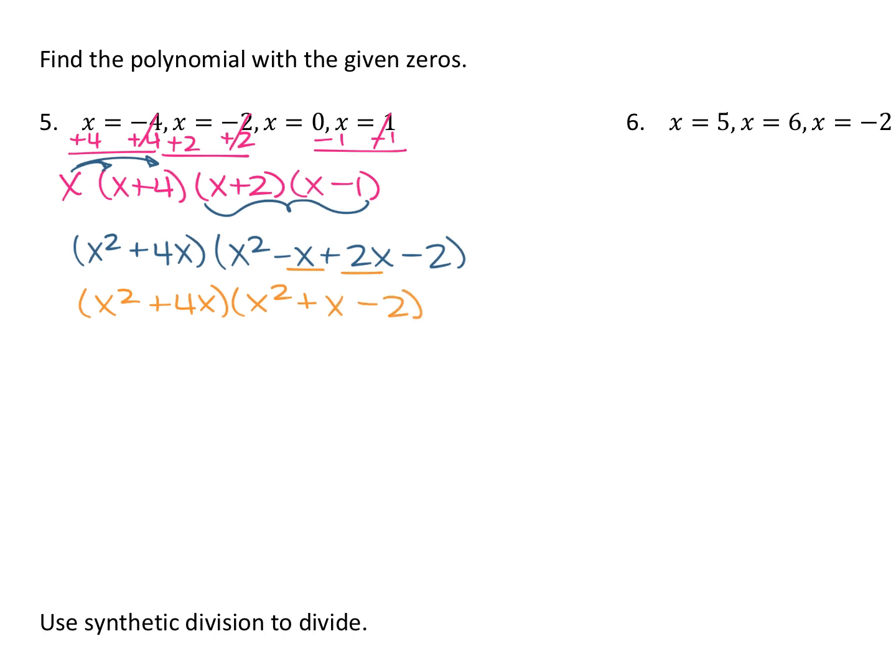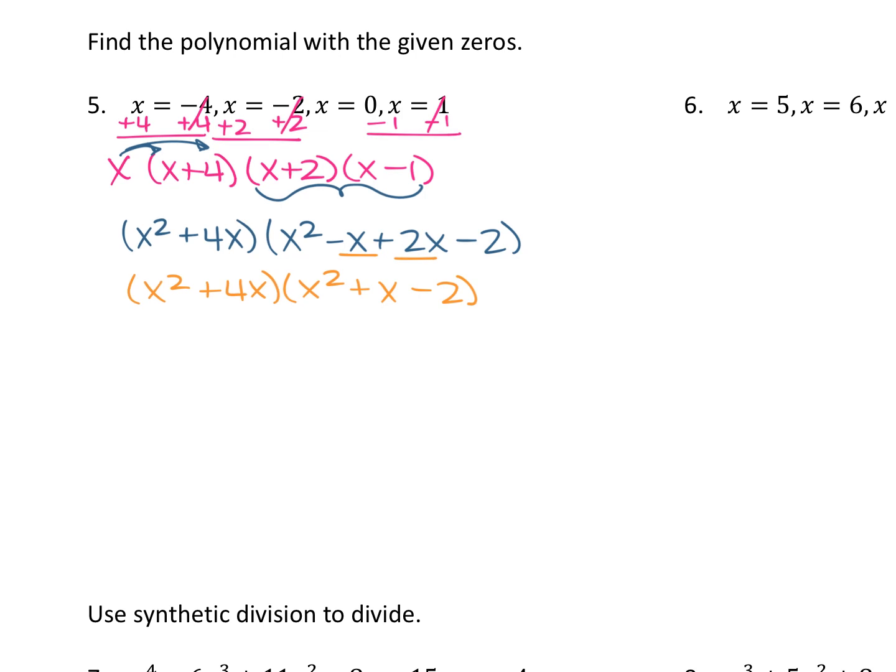We're going to start by distributing the x squared into that trinomial. That's going to give us x to the 4th power plus x cubed minus 2x squared. Then we distribute the 4x in. That leaves us with positive 4x cubed plus 4x squared minus 8x.